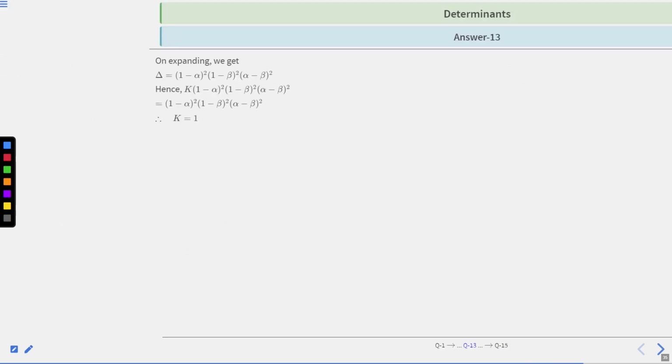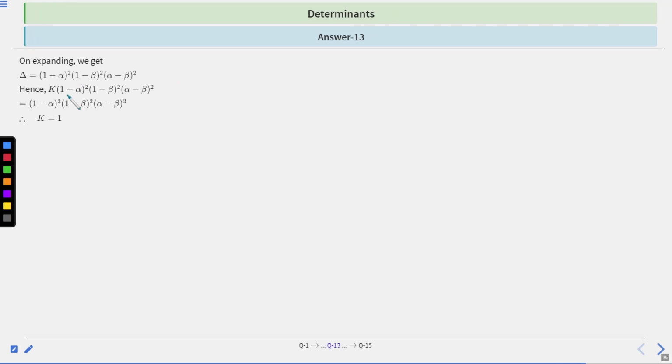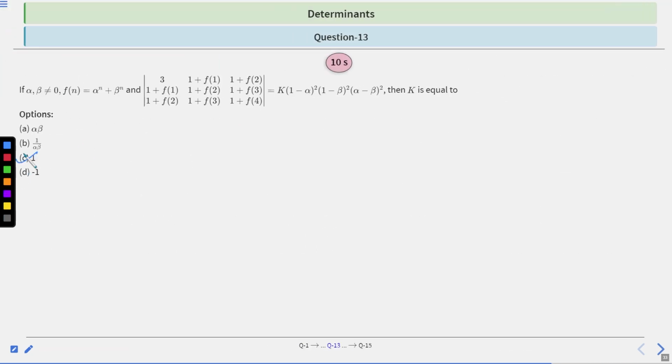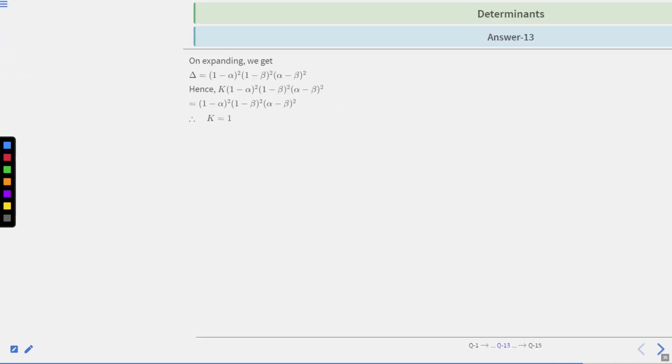Clear? So after expanding, you will get delta as (1 minus alpha square)(1 minus beta square) into (alpha minus beta) square. So after solving, you will get k equal to 1. Clear? So I think option C is the right choice. K is equal to 1.